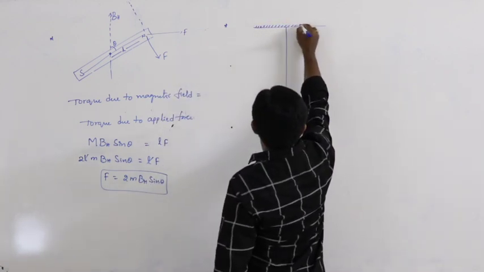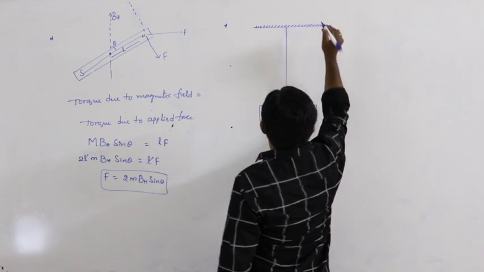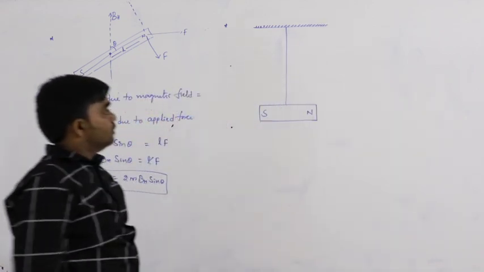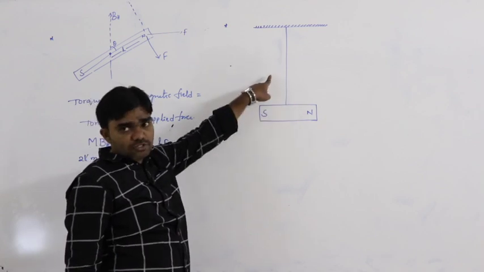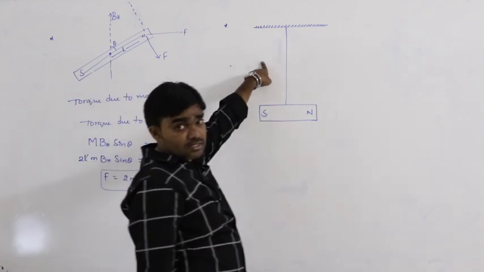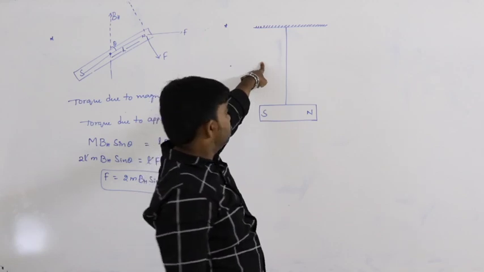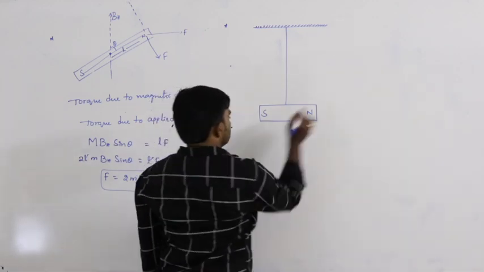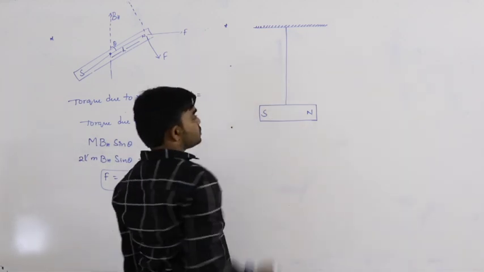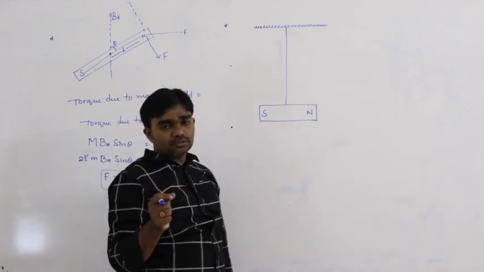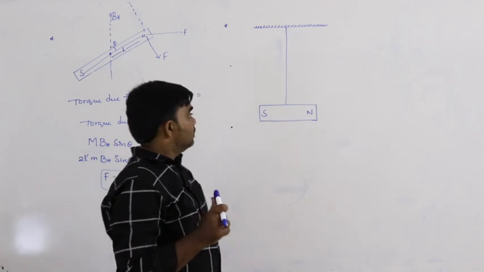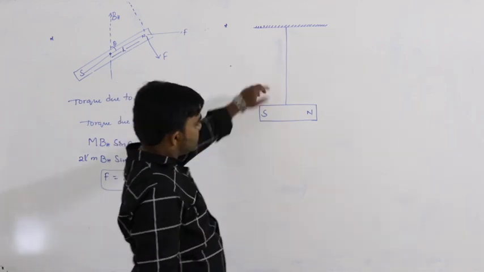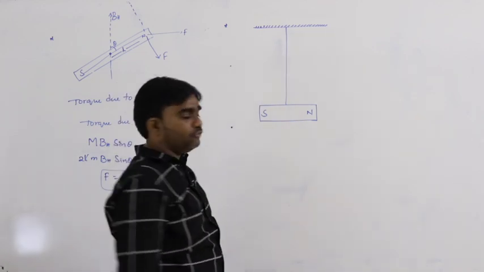This is the rigid position. The magnet is suspended with the help of the string, so that initially the string is in untwisted position.